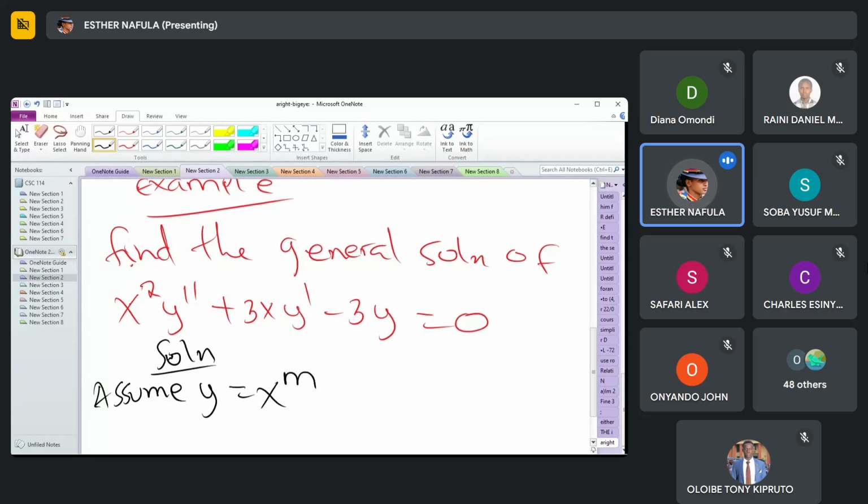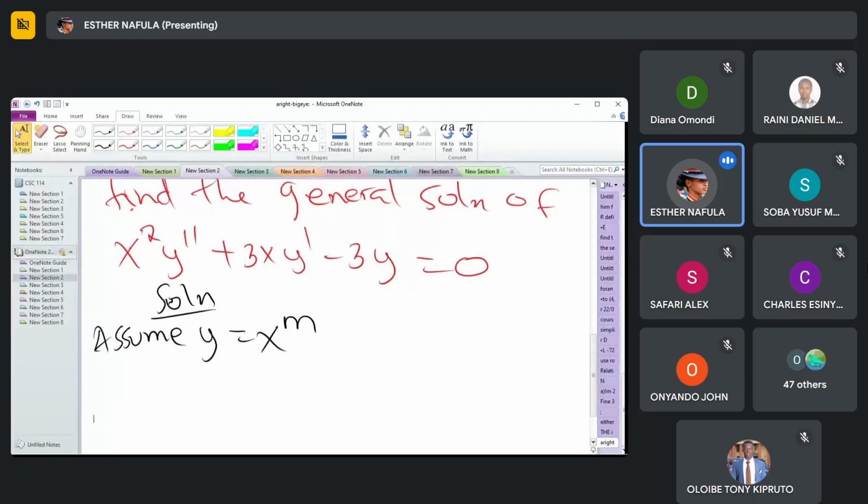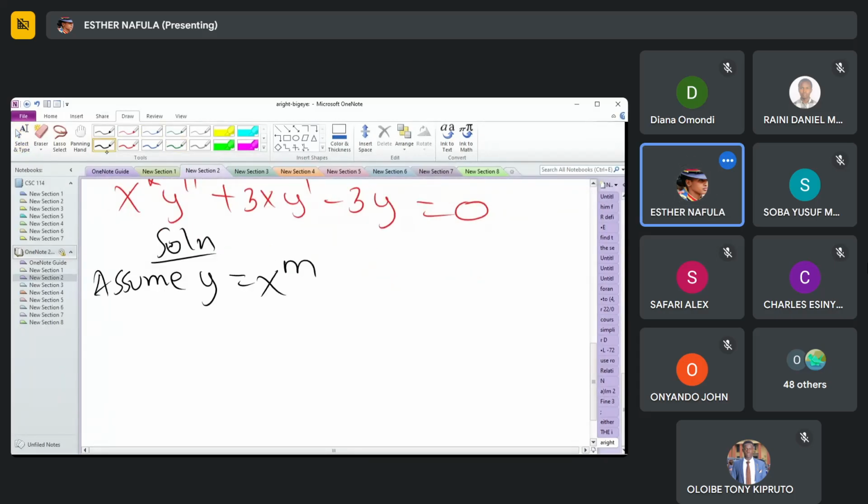To come up with the auxiliary equation, you have to differentiate your y to obtain the two derivatives, y prime as well as y double prime, plug them in the differential equation, do some factorization, and then you end up with the auxiliary equation.